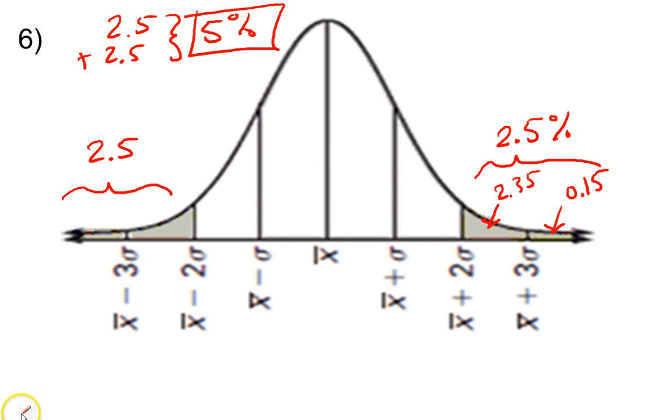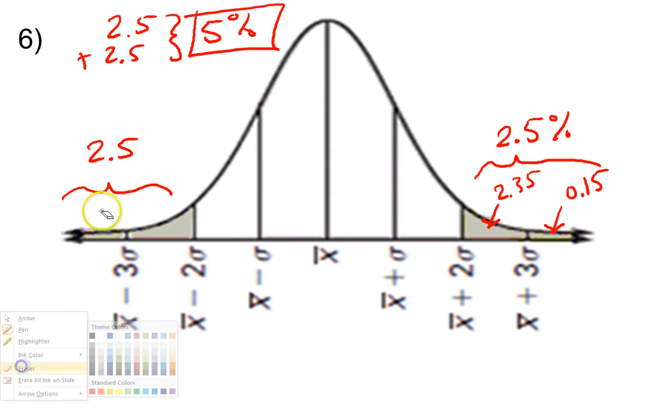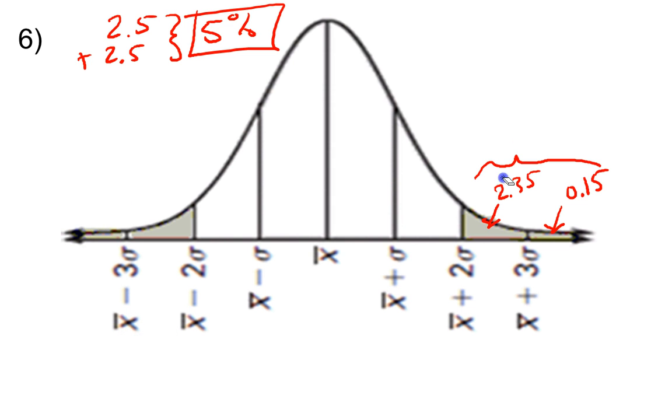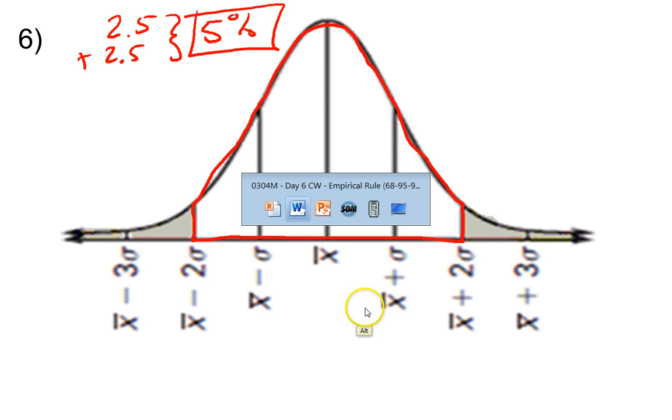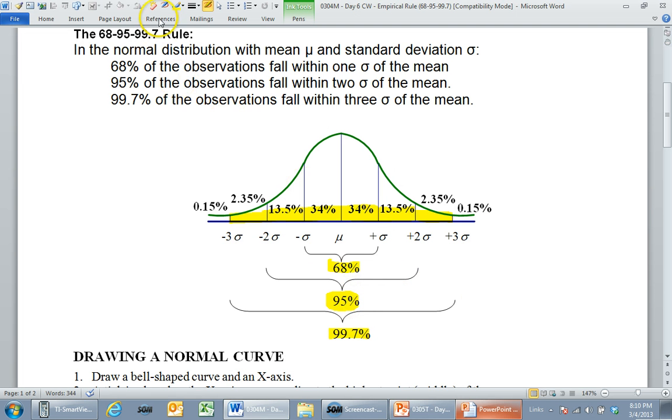Another way to look at it. There are lots of different ways to look at it, and I really want you to understand them all. Here's the mean right here. From here to here, this is 2 standard deviations in both directions: minus 2 standard deviations, positive 2 standard deviations, like we talked about a second ago.